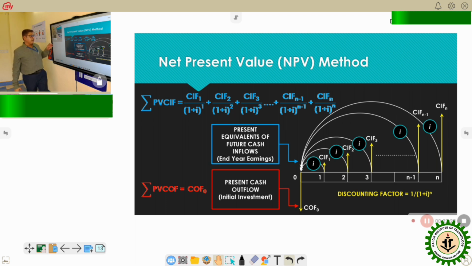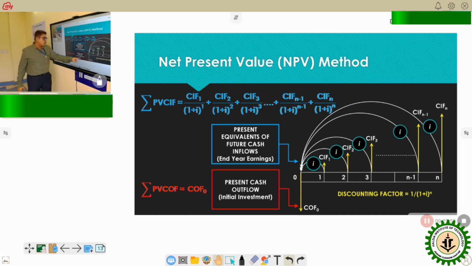These are the cash inflows over successive years, at the end of year 1, at the end of year 2, 3, n respectively. Now our objective is to determine the net amount if this amount is invested, that is COF0, the amount that needs to be invested.